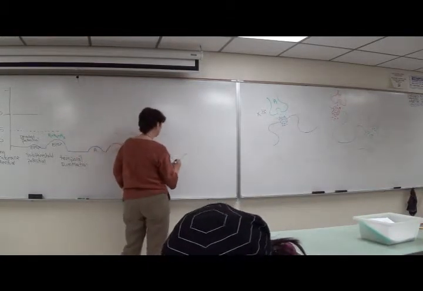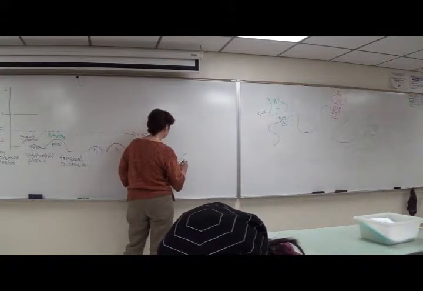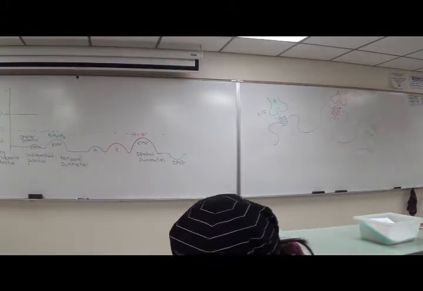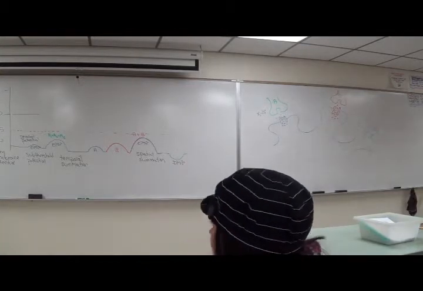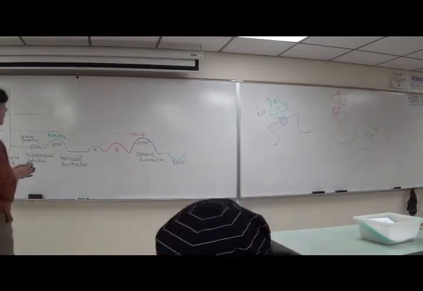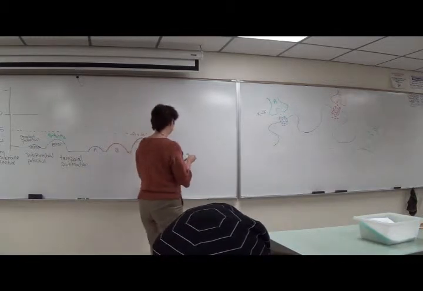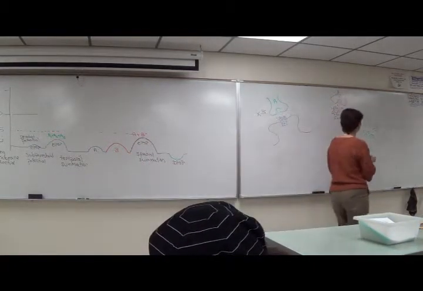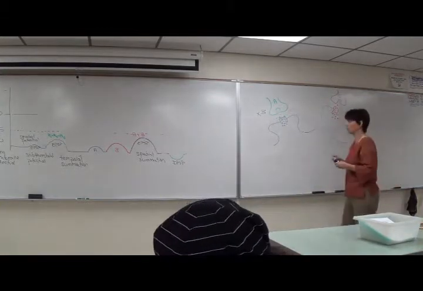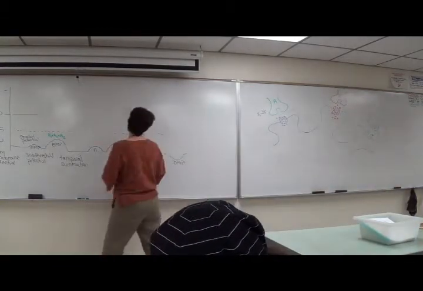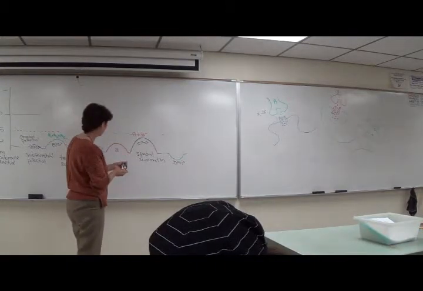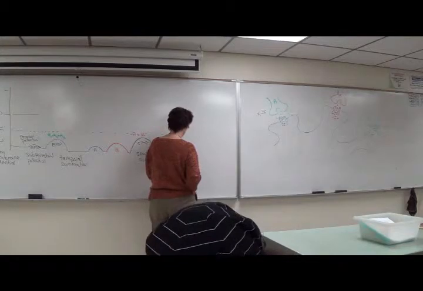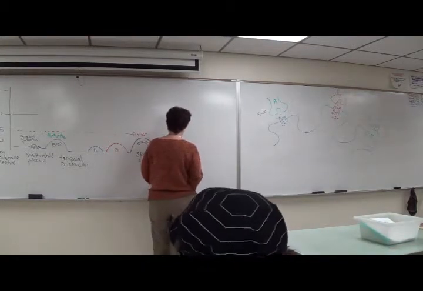whereas this one is an IPSP. Is it still a graded potential? Yes. Okay. Now let's do a spatial summation of A and B and C. Here is my summation of A and B. All right. Now let's do A and B and C. I'll just draw it in black.